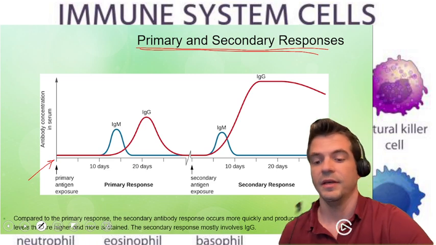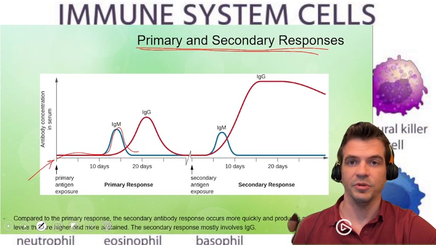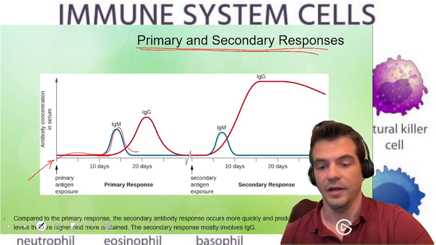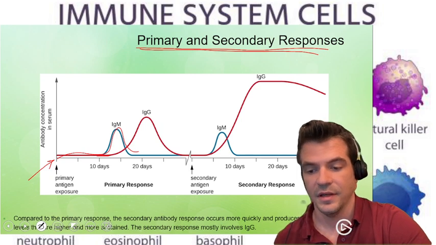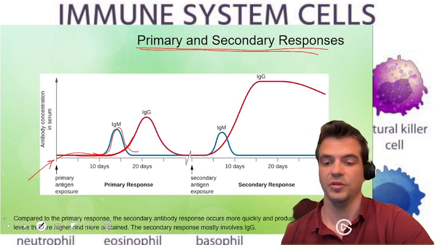But after 10 days, IgM is produced, and IgG is produced as well. They're both produced at basal levels, but in order to increase, IgG is a little slower.